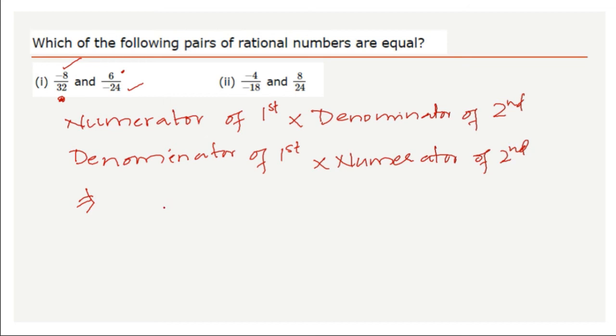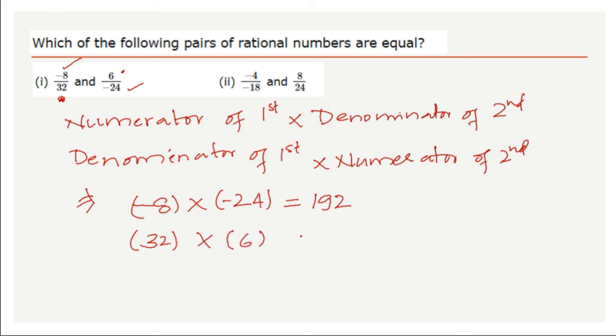When I multiply the numerator of the first rational with the denominator of the other rational, we get the product as 192, and the denominator of the first rational multiplied to the numerator of the second, it is 192.